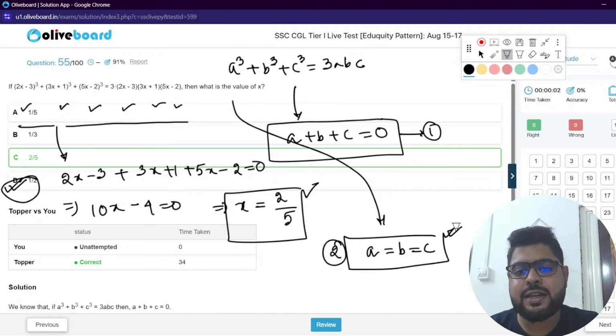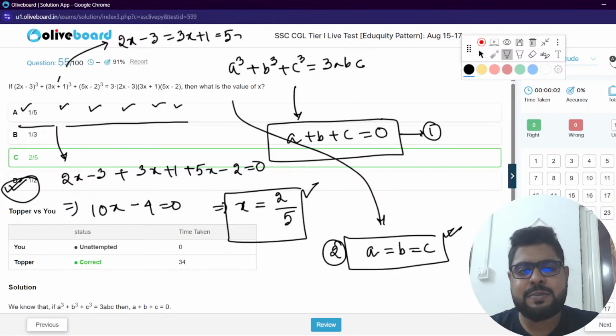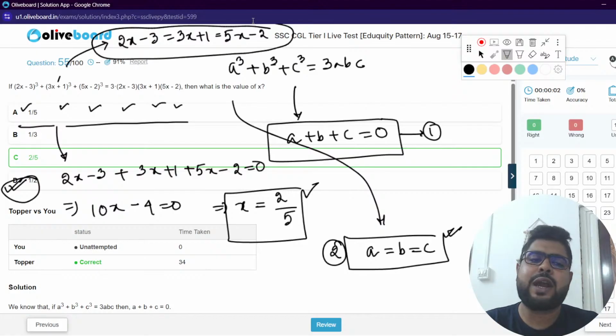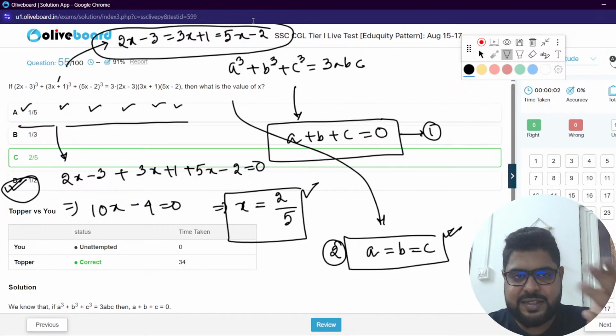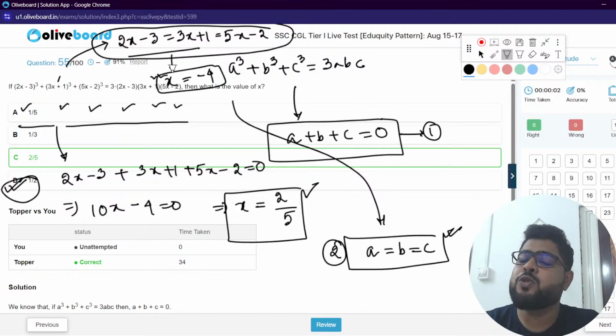If you draw that conclusion, you will get 2x minus 3 equal to 3x plus 1 equal to 5x minus 2, and you will get other values of x from there. For example, if you take the first two, we get x equal to minus 4. Some other value you might get. Those are different conclusions.